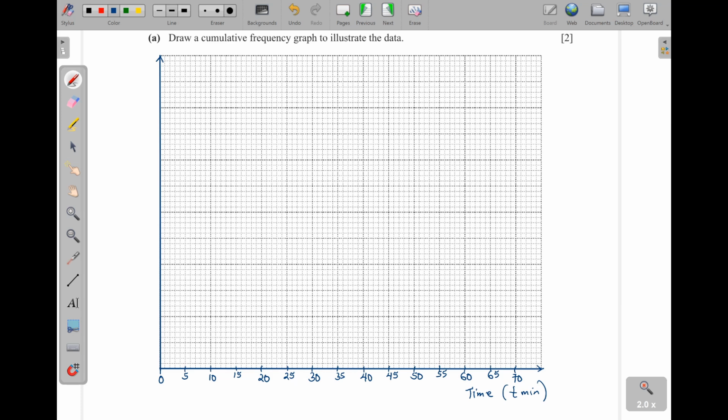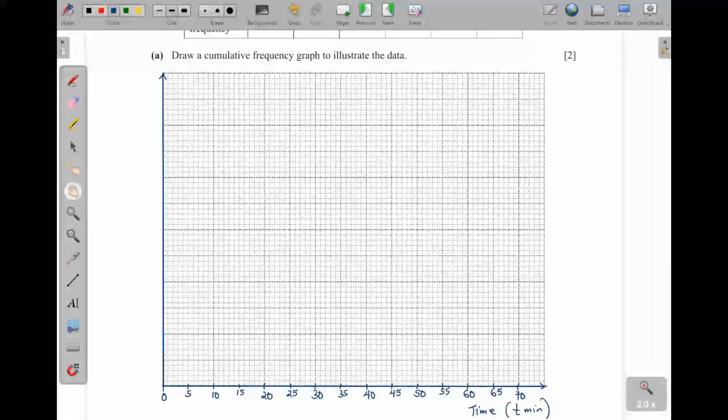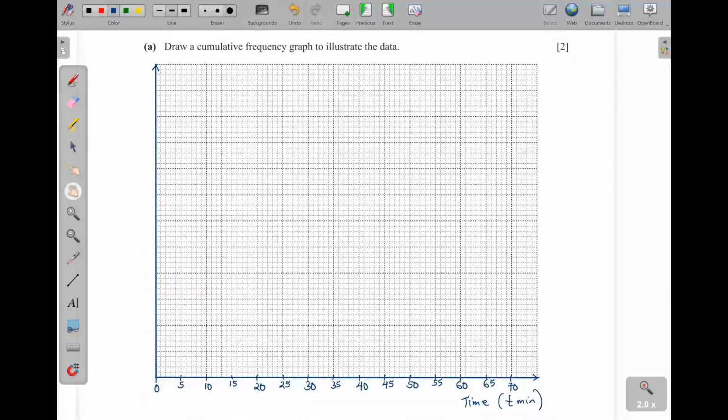Then up here, since these values are big, 200, and the grid is small, I can use for every 5, 5, we have 20. So here I will have 40, then here this will be 20.